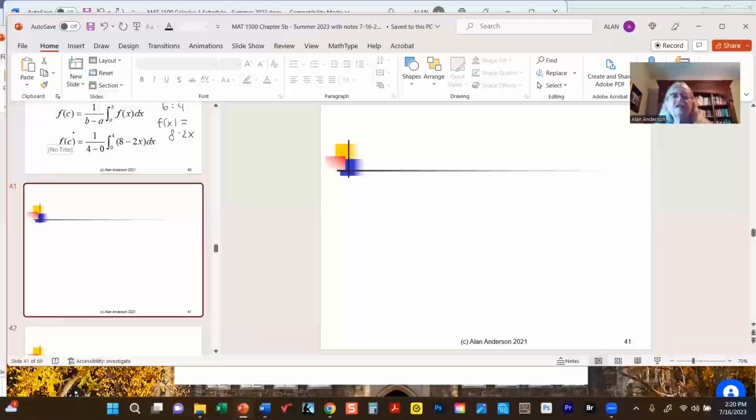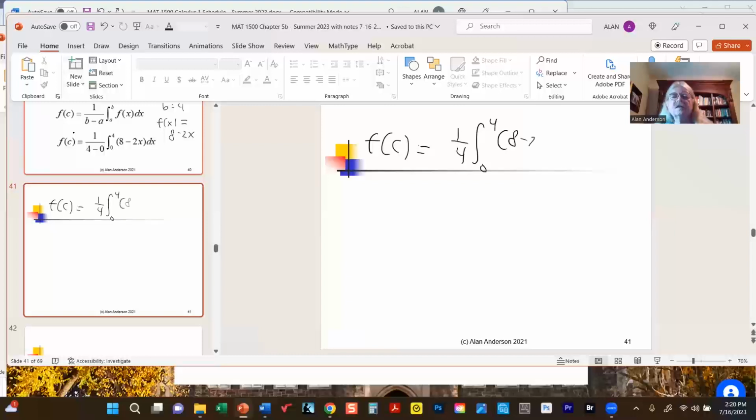We have f of c, and so we have 1/4, 0 to 4, 8 minus 2x dx. Okay, now, of course, I can factor out the 1/4. And I can also break this integral up into two pieces.